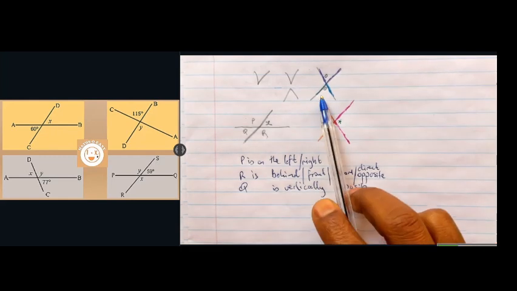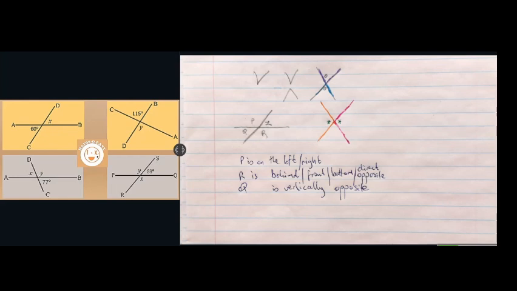But there is the visual. You remember my words. I said some of these things you must visualize them. And I said you must have what? You must have the eye of the what? Eye of the mind. Right, so in your mind you must see those pictures. All right, so that is our vertically opposite.